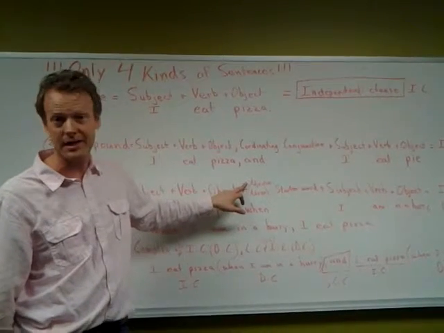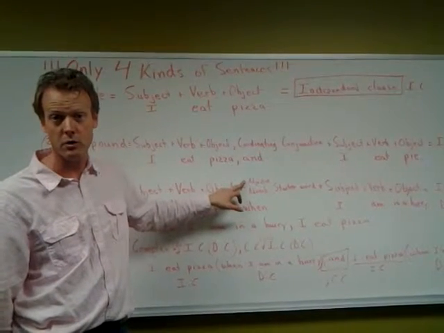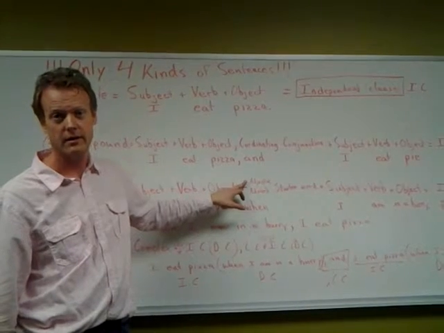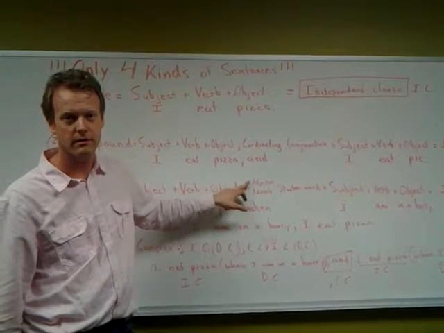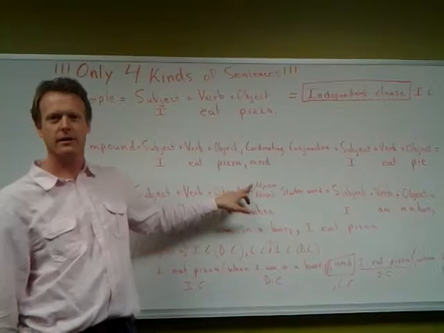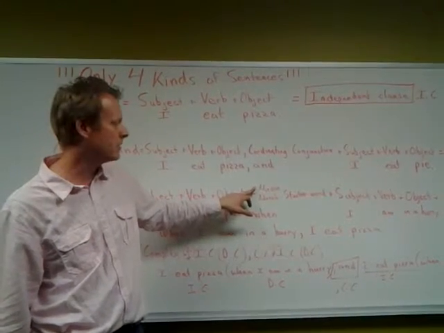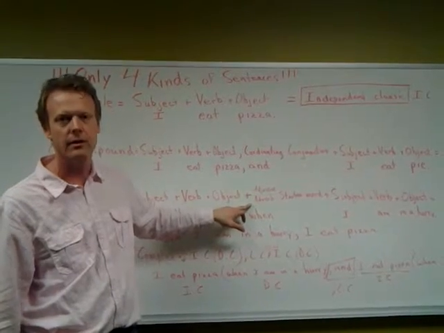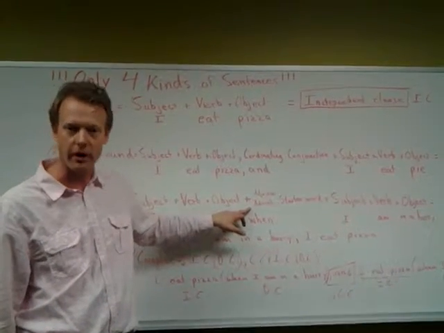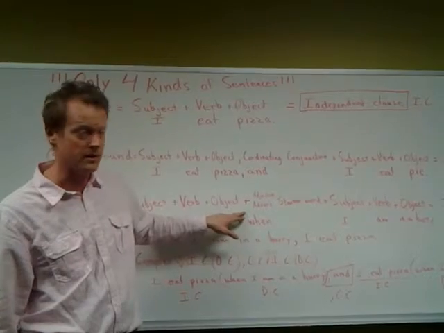Adjective clauses are easy because they always start with who, what, which, that, whom. Sometimes where and when are often used as adjective clauses. Adverb clauses, there's a lot more words that can start one of these clauses.